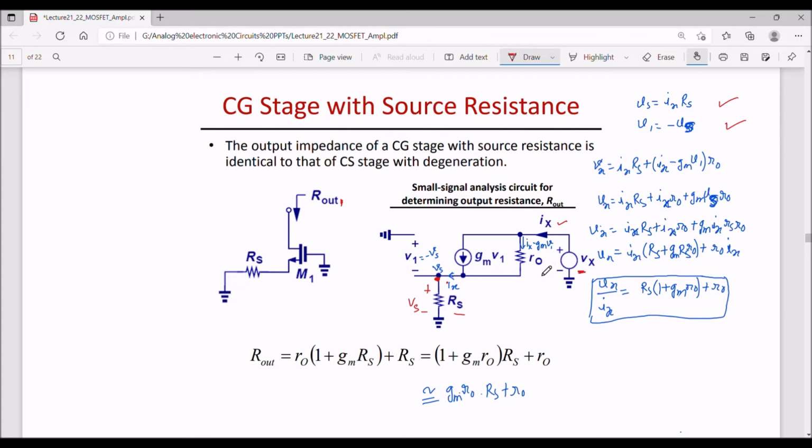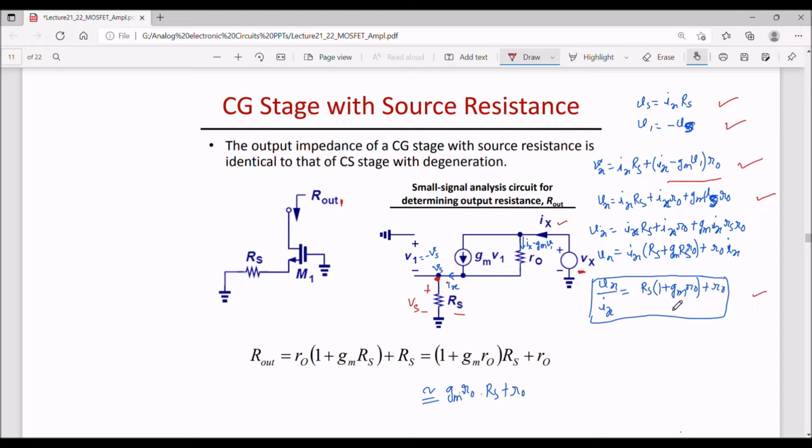Or simply, Ix minus GmV1 multiplied by R0, plus IxRs, is equal to Vx. Now if I replace this V1 by minus Vs, I can write this, and then finally I can find out from here Vx by Ix. So Vx by Ix is this much.